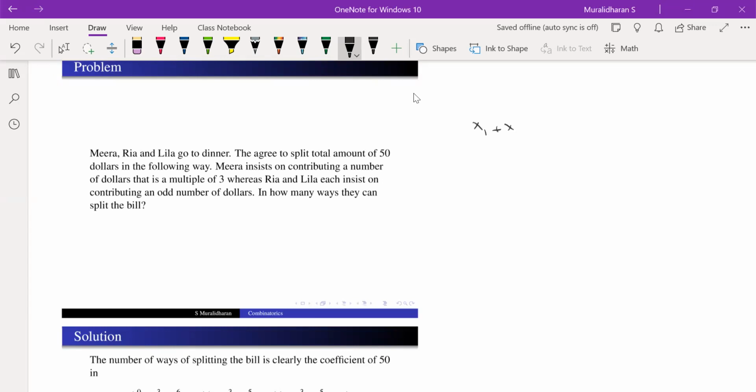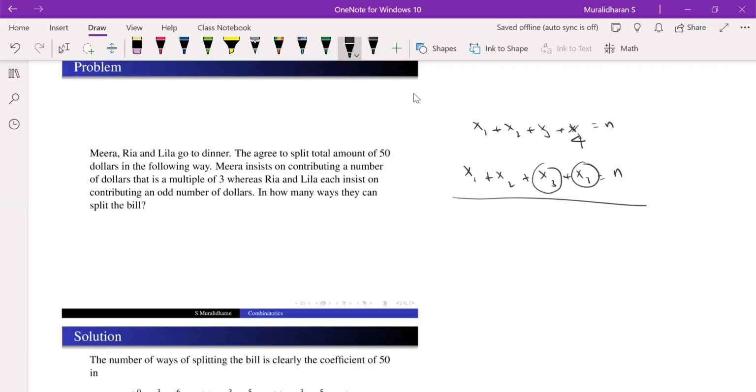The question is x1 plus x2 plus x3 plus x3 is equal to n, and apply stars and bars. Can it be? We have a condition on x3. x1 plus x2 plus x3 plus x4 will give me all solutions in which these two can be different also, isn't it?